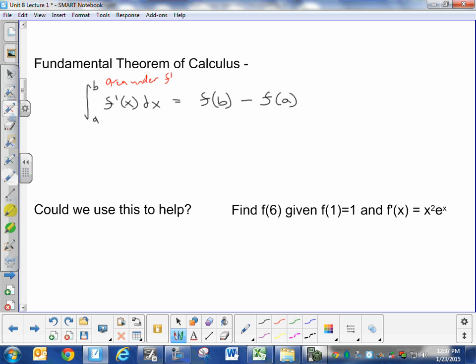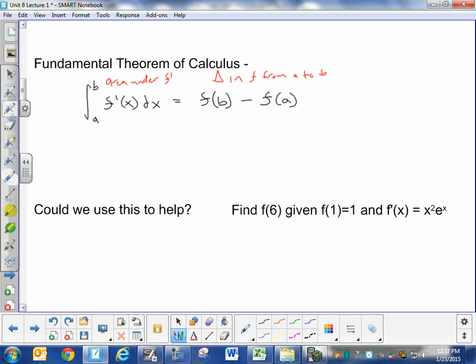Area under f prime is equal to the change in f from a to b. Not the rate of change, not the change in the rate, it's just the change. It's just the overall numerical change.